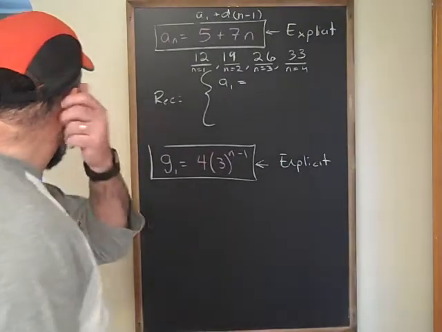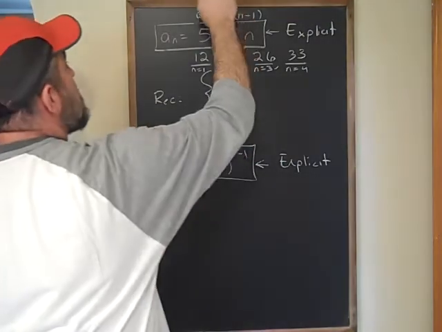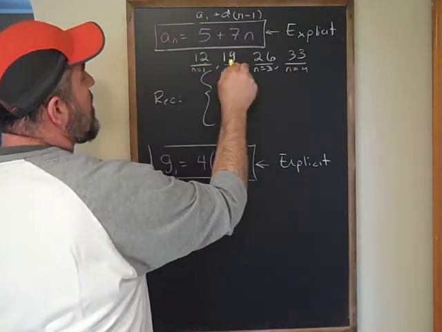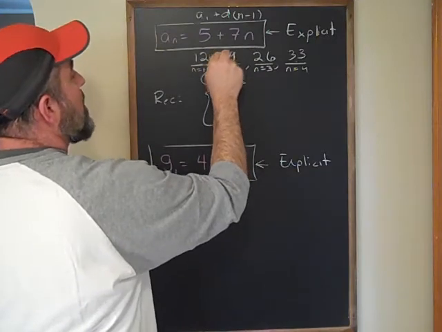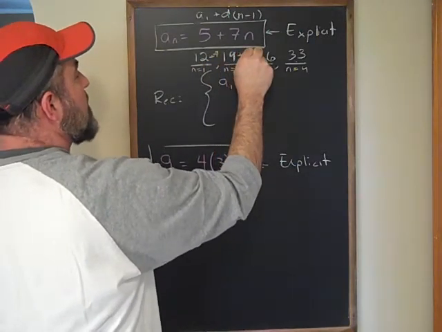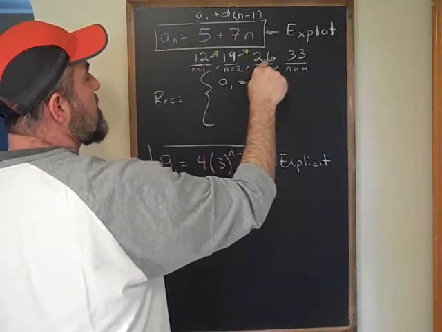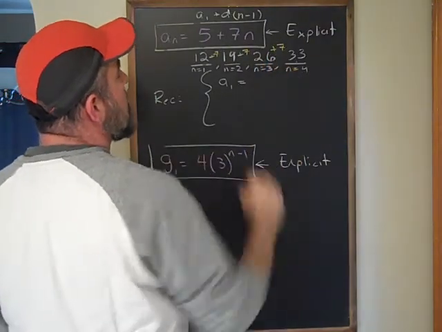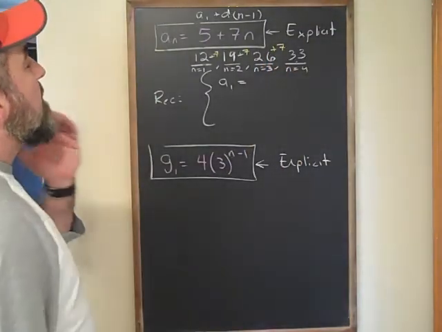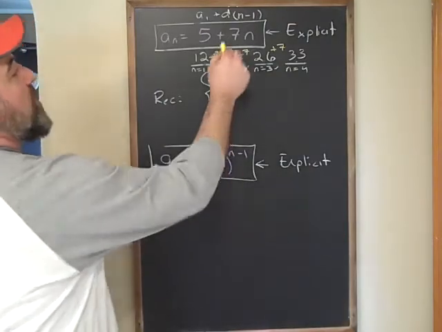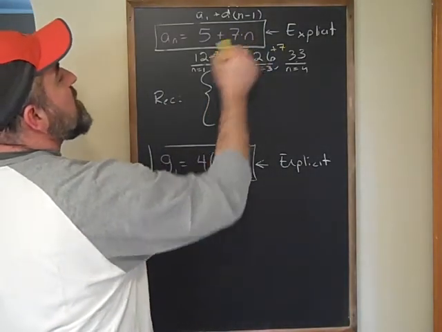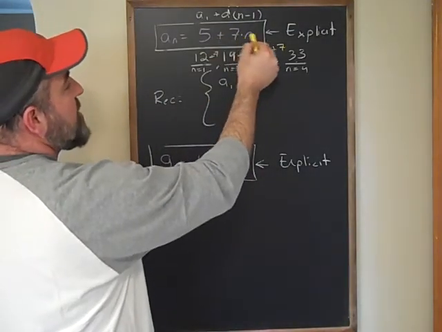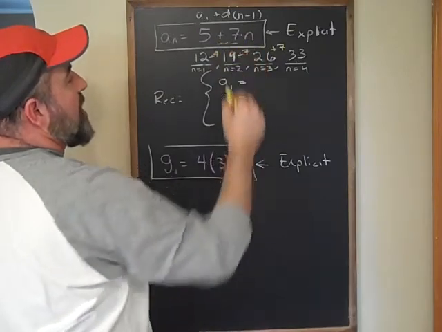So what's going on? How is this sequence going from one term to the next? 12 plus 7 is 19. 19 plus 7 is 26. 26 plus 7 is 33. So now maybe you're realizing, oh, that 7's involved in multiplication by n. If I see plus 7 times n, it probably means I am adding 7.